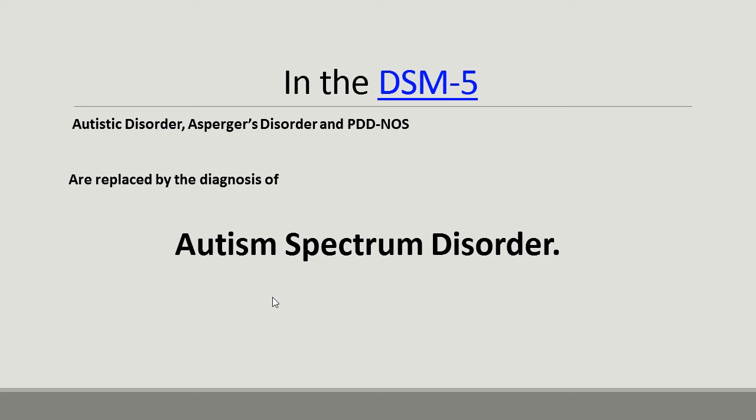In DSM-5, the currently available version, autistic disorder, Asperger, and pervasive developmental disorder NOS are put under autism spectrum disorders.